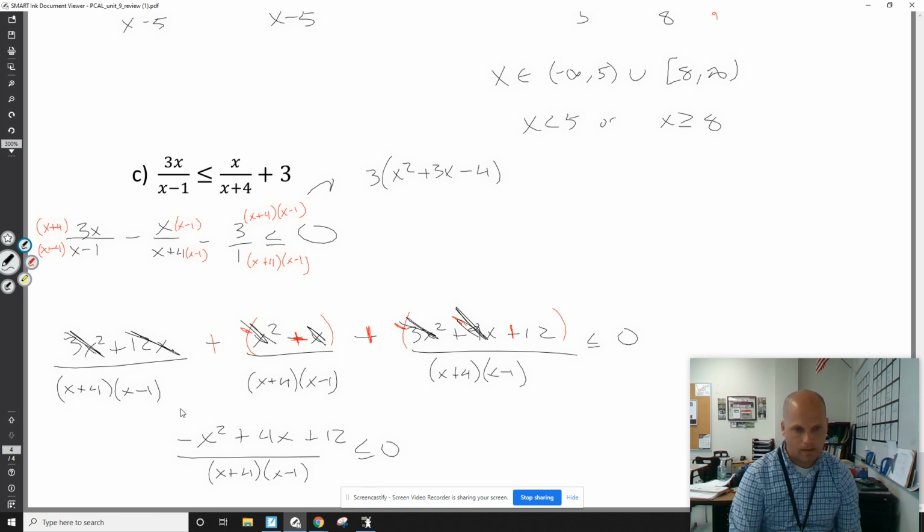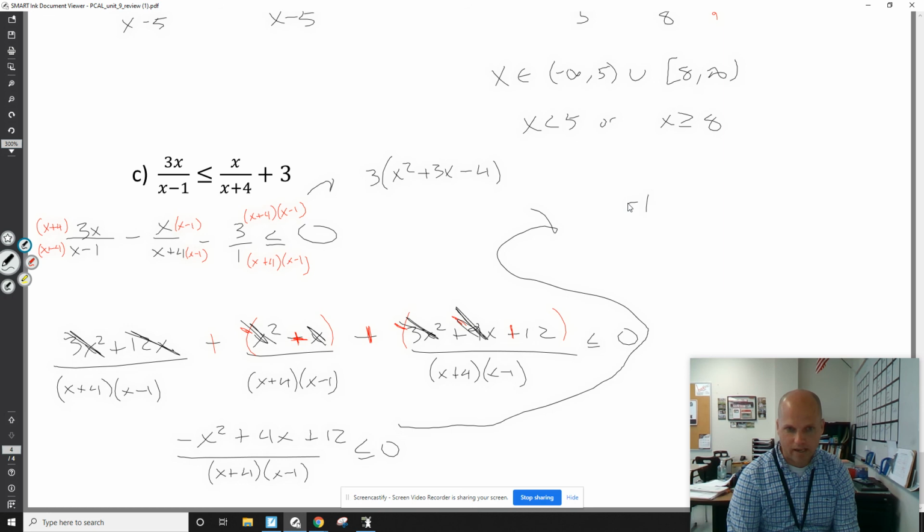Okay. To factor the negative x squared plus 4x minus 12, I'm going to factor out a negative 1, but it's not going to disappear on me. So let's move this up here. Factor out a negative 1, and I have x squared minus 4x minus 12.